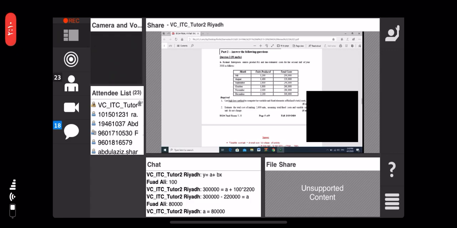So if you select any cost here, for example, in the month of September, what's the amount of total cost?